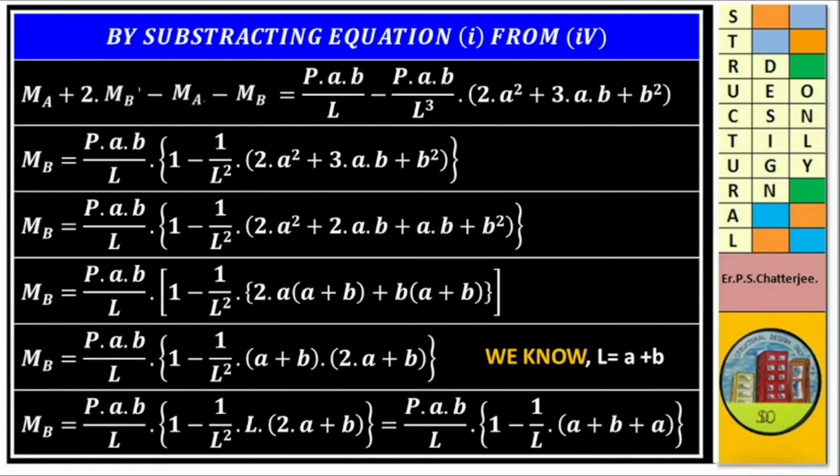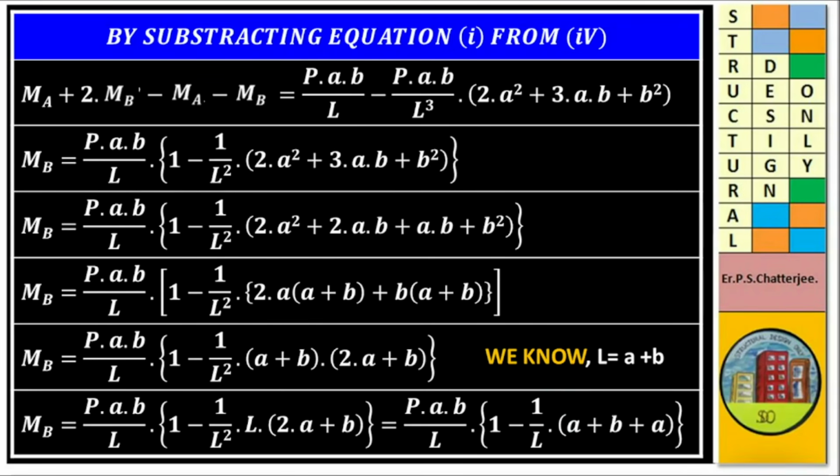By subtracting equation 1 from 4, we have MA + 2MB - MA - MB = P A B/L - P A B/L³ × (2A² + 3AB + B²).